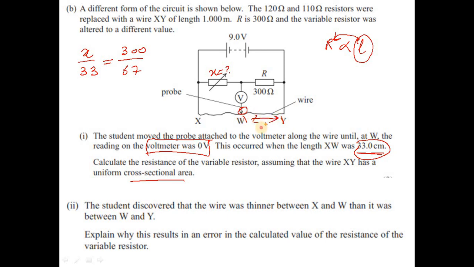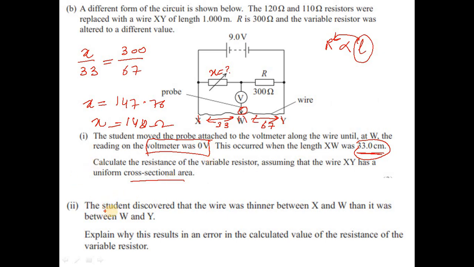This is 67 and this is 33, and you can figure out from here X is equal to 147.76, or you can round it off to 148 ohm. This is the resistance of the variable resistor.